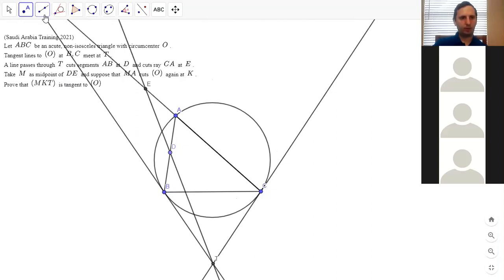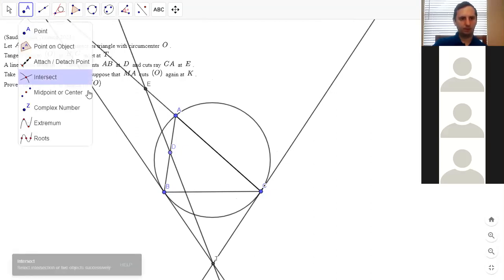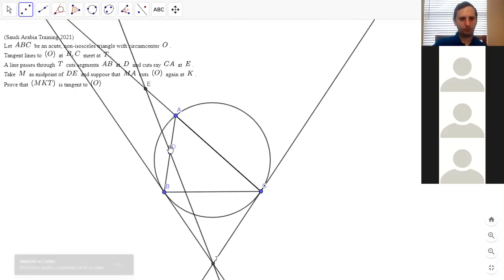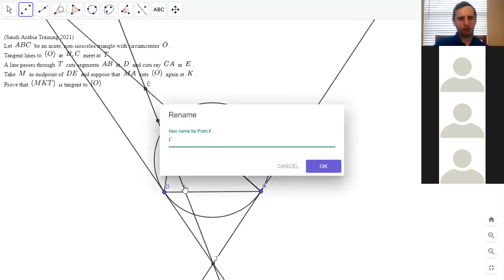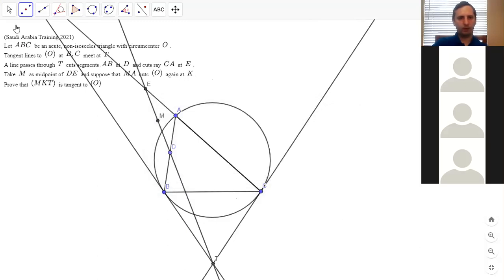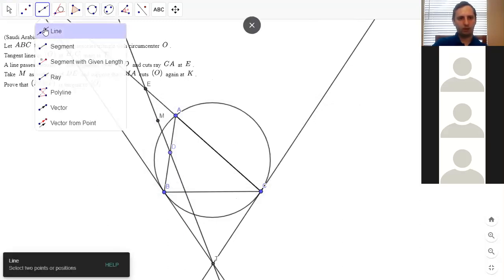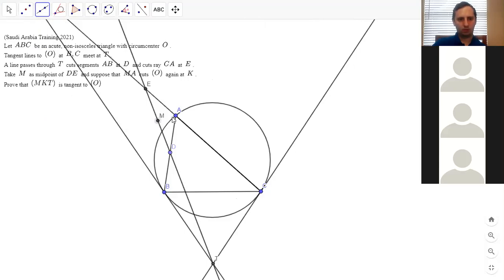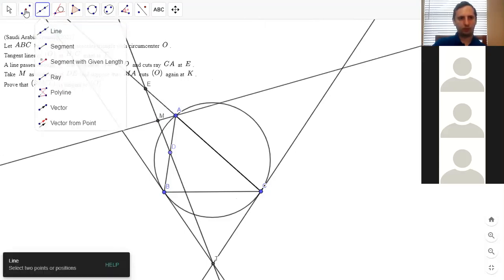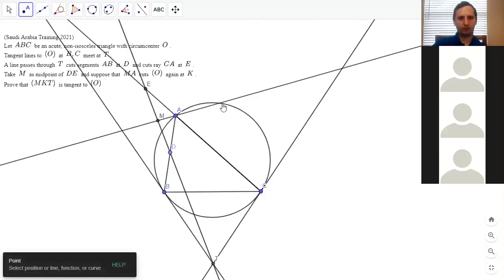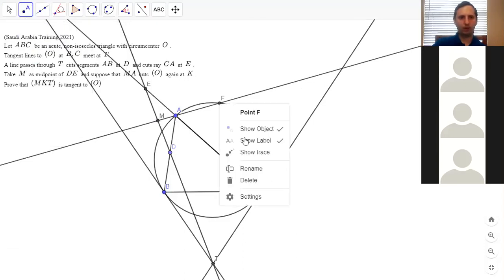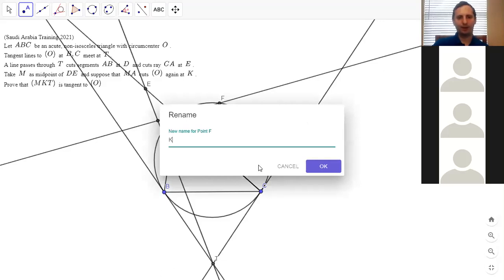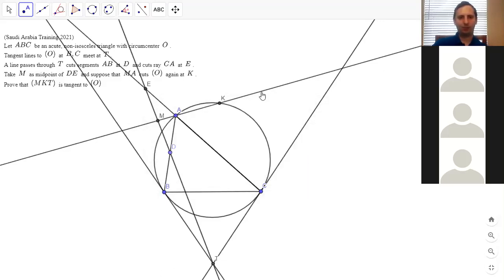M is the midpoint of DE. And MA cuts the circle at K. And we want to show that the circumcircle of MKT is tangent to O, and it would have to be tangent at K. This is interesting.